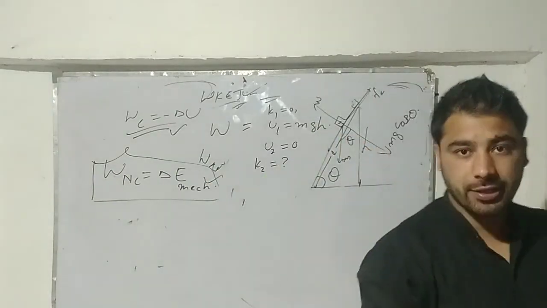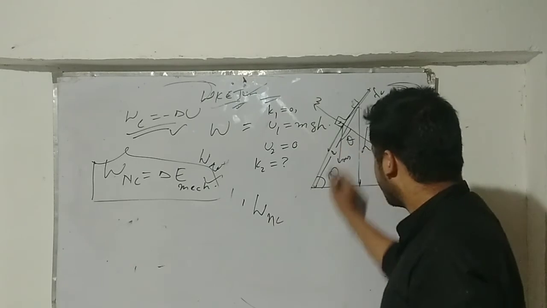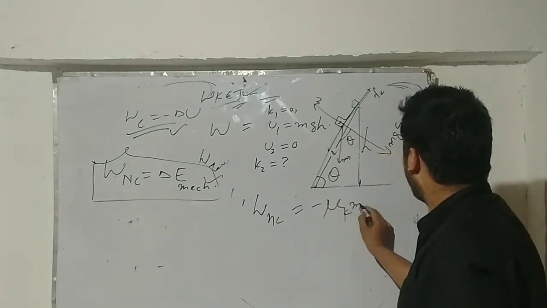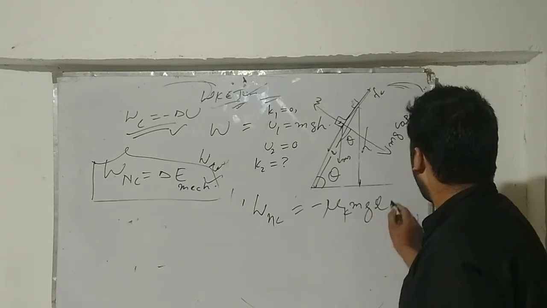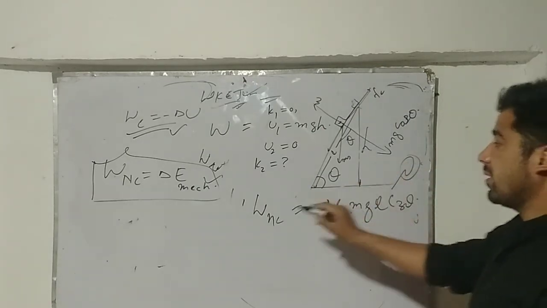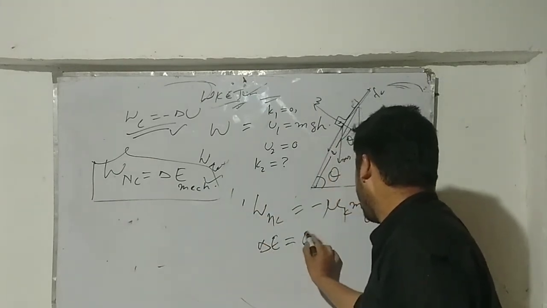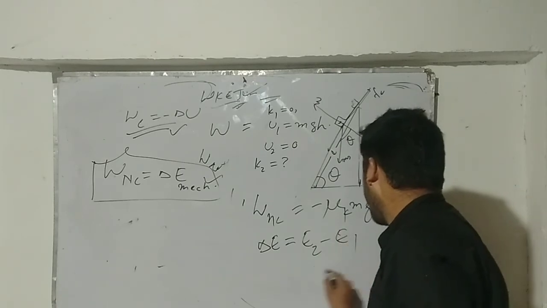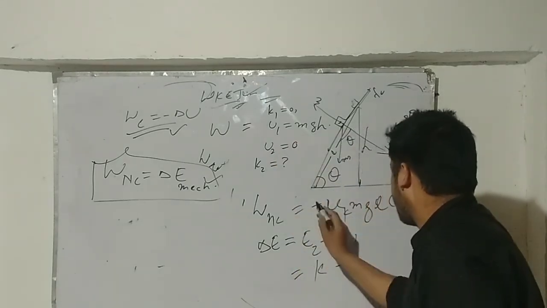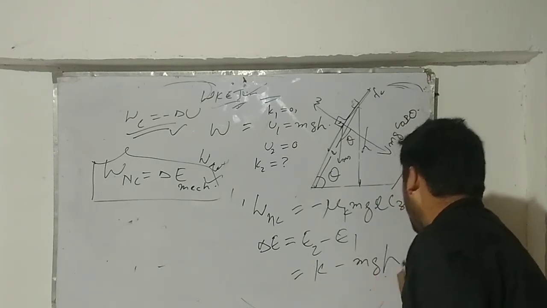The work done by the non-conservative forces in this case is mu k mg L cos theta, with a minus sign. But what is the change in total energy? The change in total energy will be E2 minus E1. In case two, my energy is kinetic; in case one, my energy is potential, that is mgh.